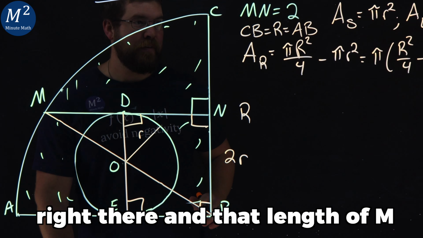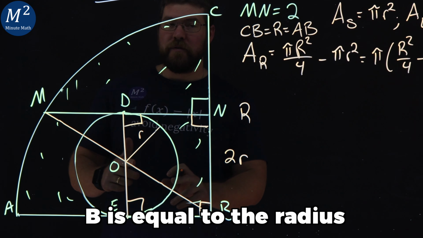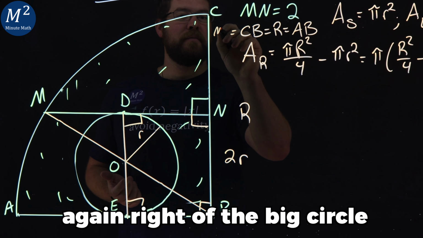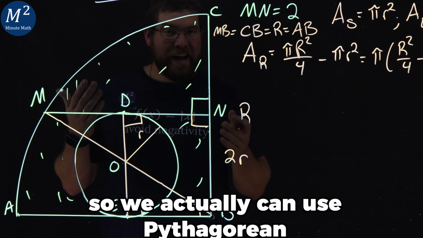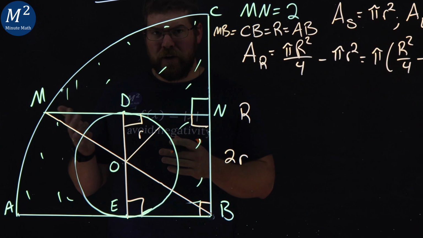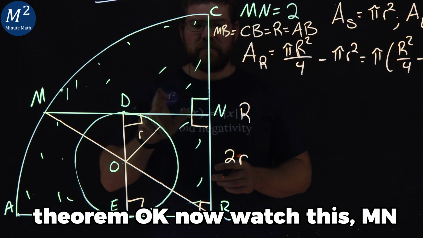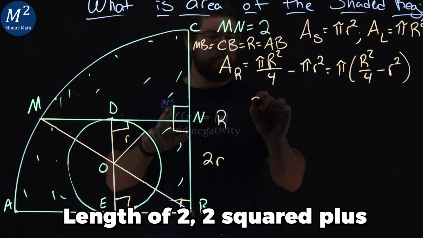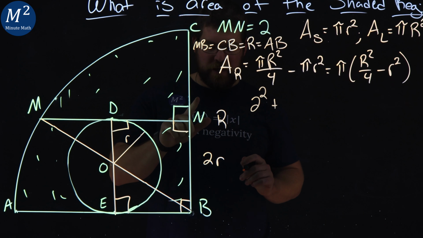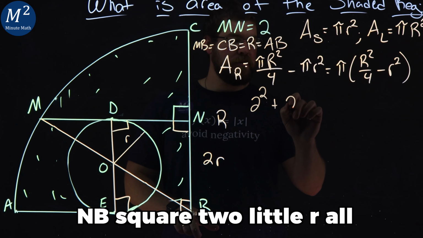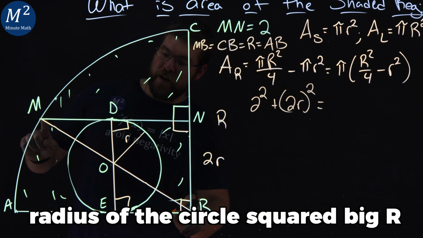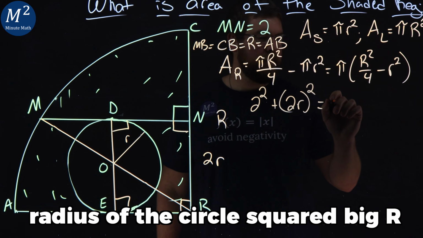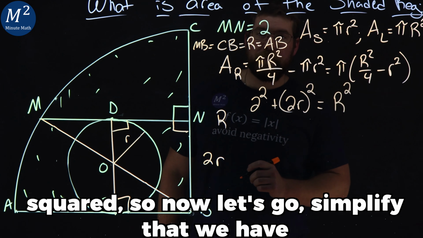And that length of MB is equal to the radius again of the big circle, same radius. So we actually can use the Pythagorean theorem, okay? Now watch this. MN, length of 2, 2 squared, plus NB squared, 2 little r all squared, is equal to this large radius of the circle squared, big R squared.